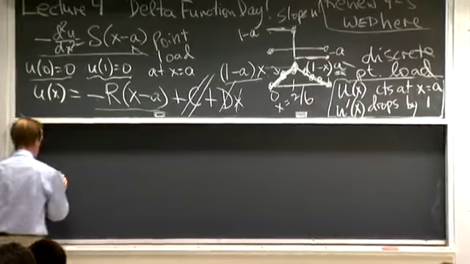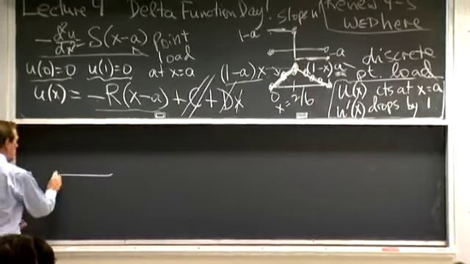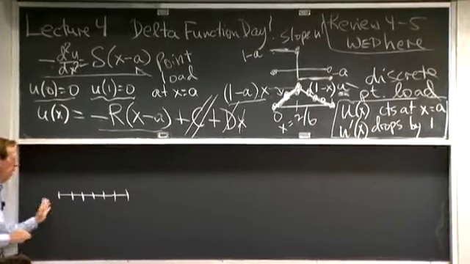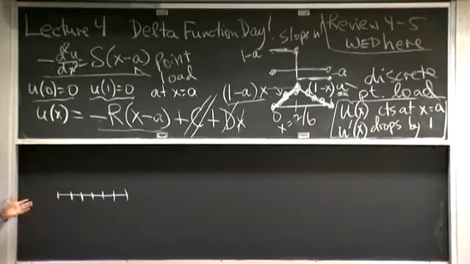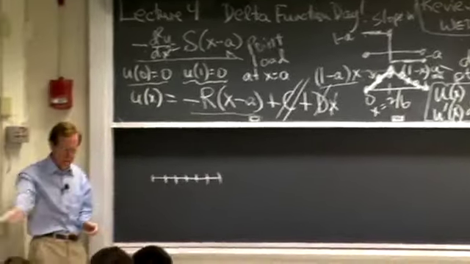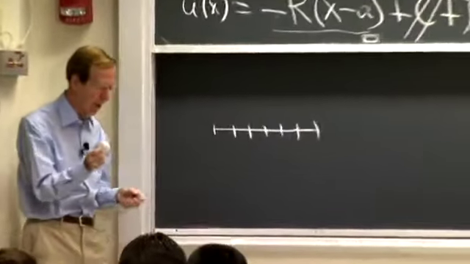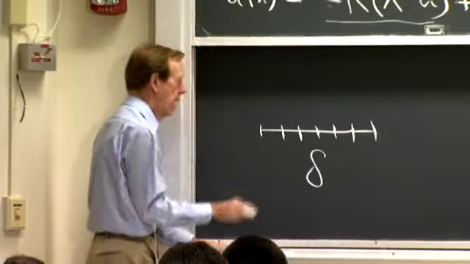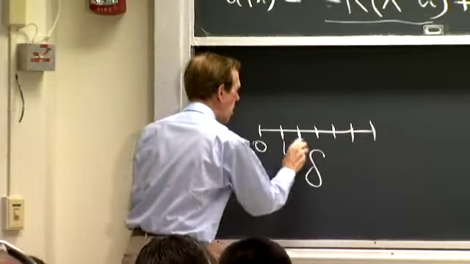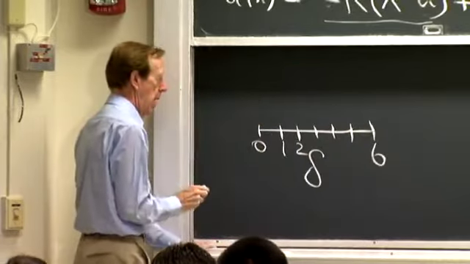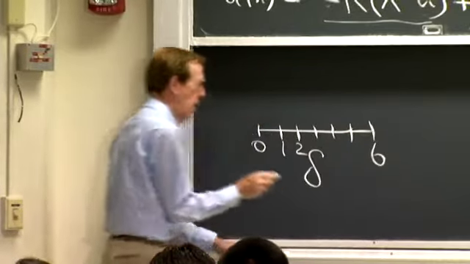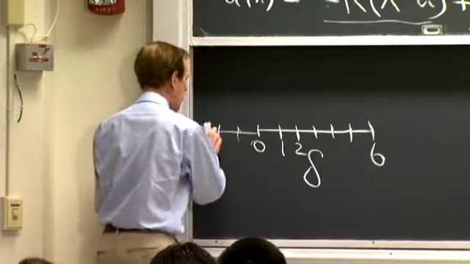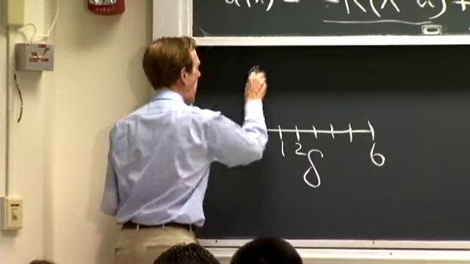I'm going to draw a vector now, so I'm going to have to lift the chalk. It won't be a function, and it'll be the delta vector, with positions 0, 1, 2, up to 6. If I just draw the delta vector, it has a 1 there.